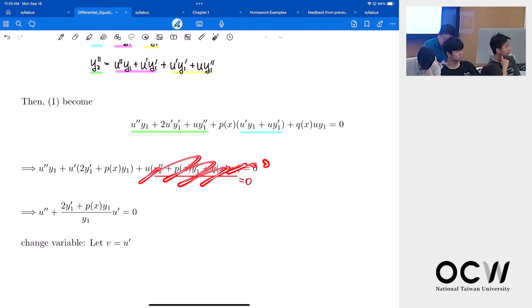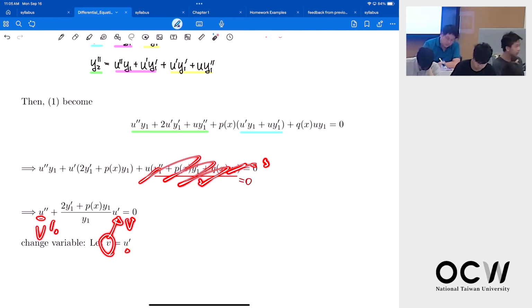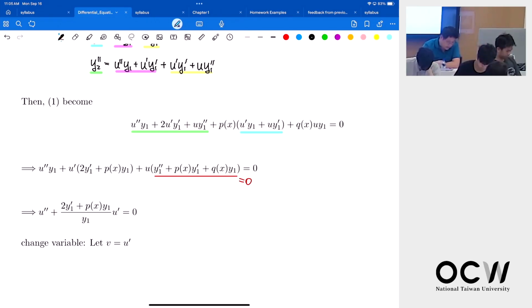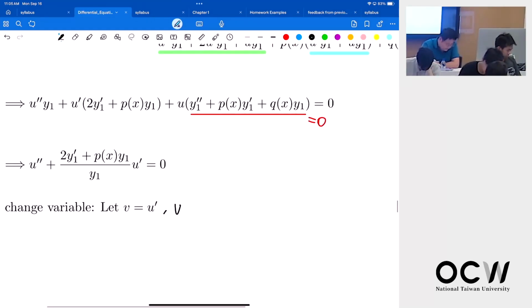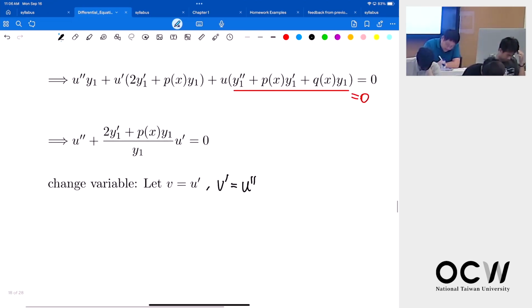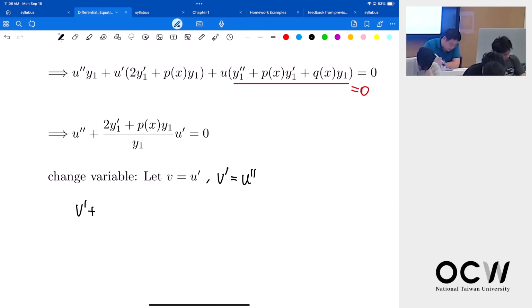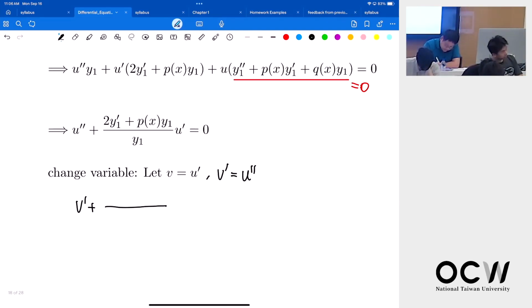Now we can change the variable, with v equals u prime. So this is v, and this is v prime. So we have v prime equals u double prime. Let's rewrite that: v prime plus (2 y1 prime plus p times y1) divided by y1, times v, equals 0.